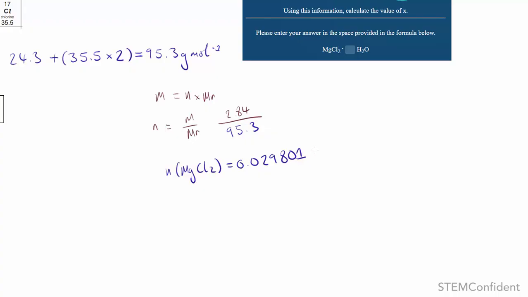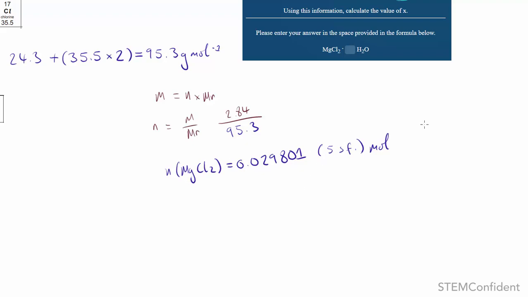And yeah, this is just to 5 significant figures. Okay, and that's going to be in moles as well. So you can just write moles. I mean, that would usually be afterward, but anyway, so that's in moles.